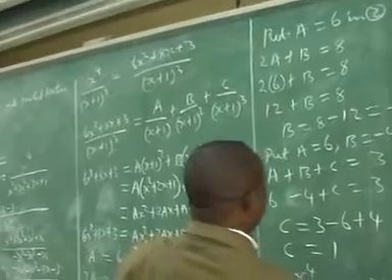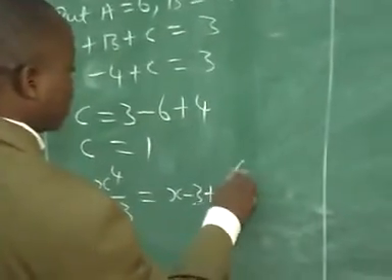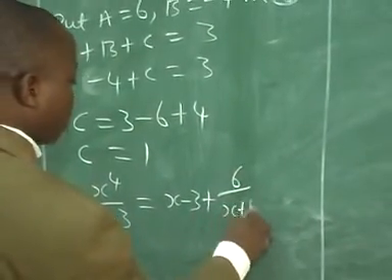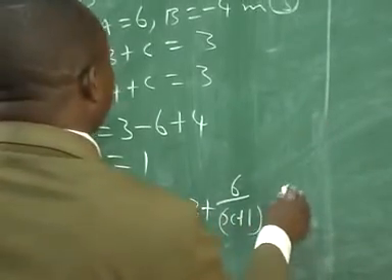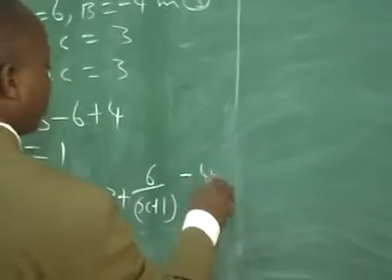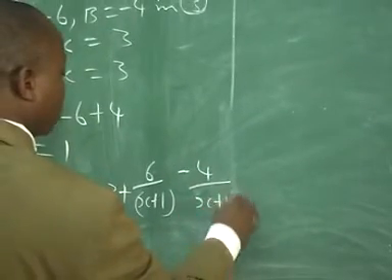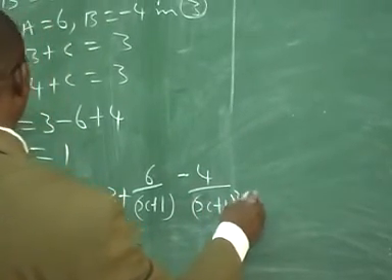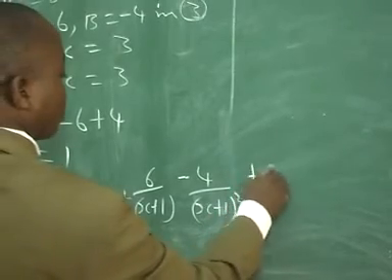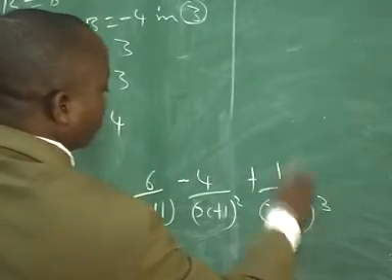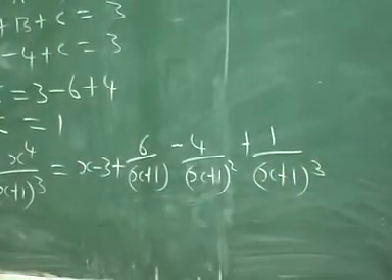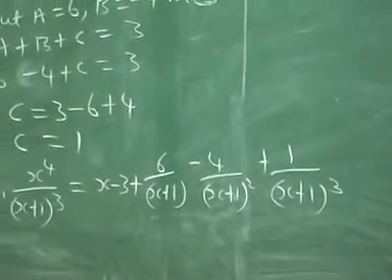Here we have a, and a is 6, so we say 6 all over x plus 1. Then we also have b is minus 4 all over x plus 1 squared. Then we also have c is 1, so plus 1 all over x plus 1 cube. That is how we can resolve it into partial fractions.